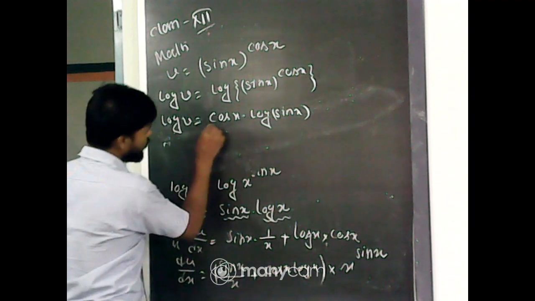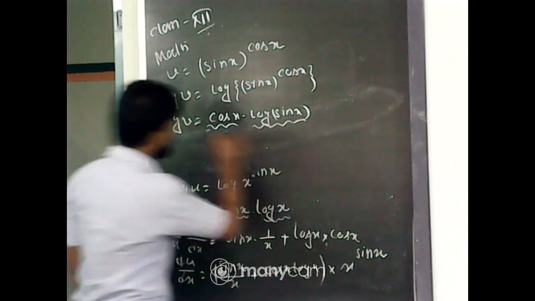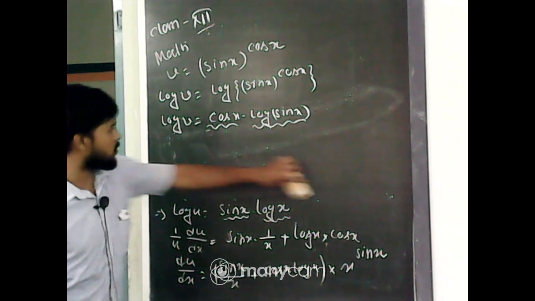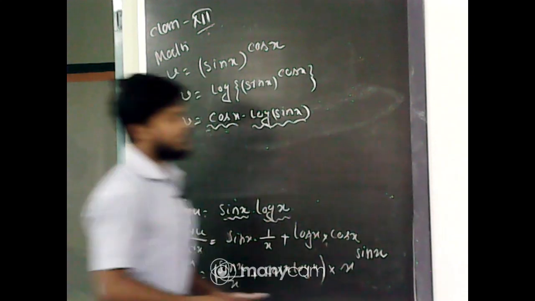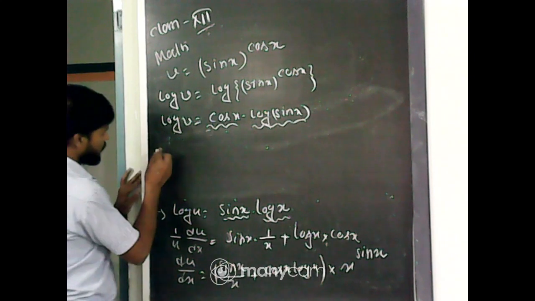Now this is also a product of two functions. The first function is cos x and the second function is log of sin x. Again differentiate it with the product formula.